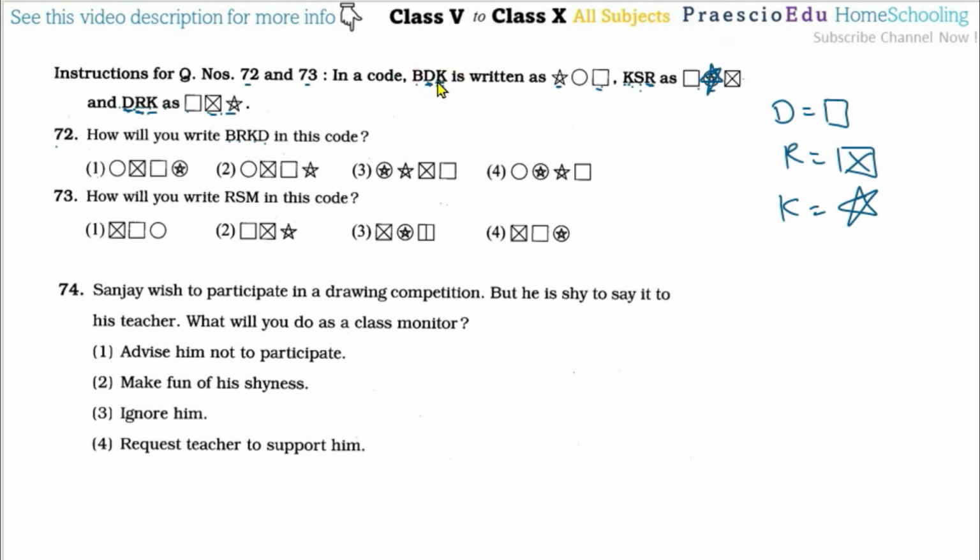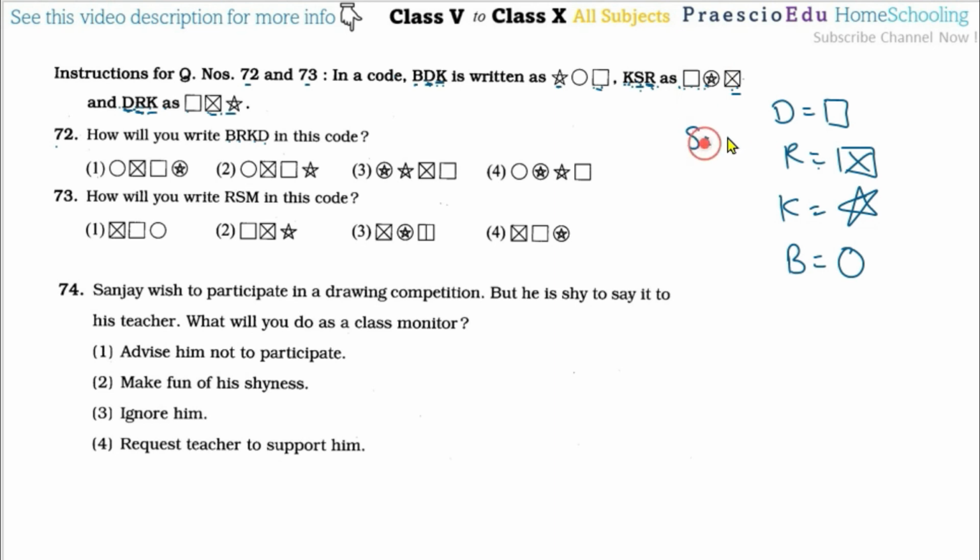Then after D, which we already know, the remaining B means this circle. So B is a small circle, and here for DRK we get this one. R we know, this symbol is there. So with this symbol and this symbol, the K and the R are already done, and this means S is this one.